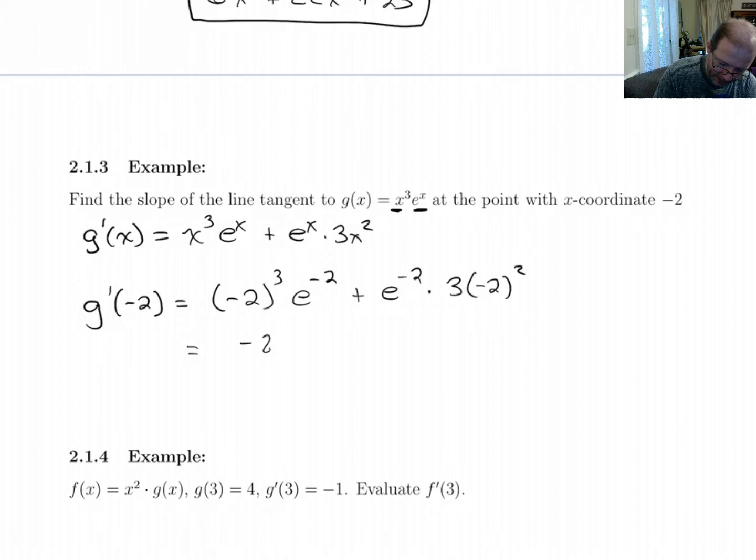So this is minus 8e to the -2, plus, 4 times 3 is 12, so plus 12e to the -2. So 12 minus 8 is 4e to the -2. And you could write it either as that or as 4 over e squared.